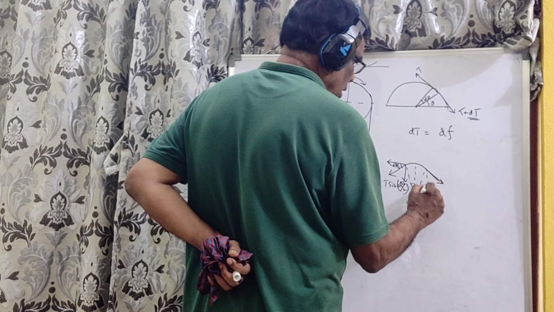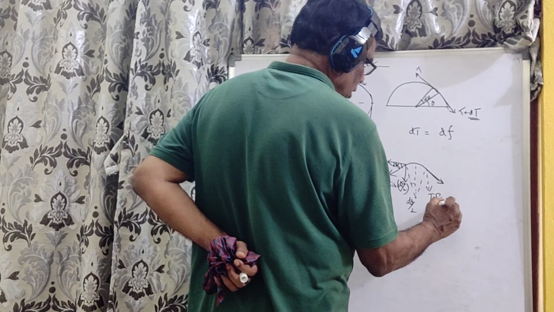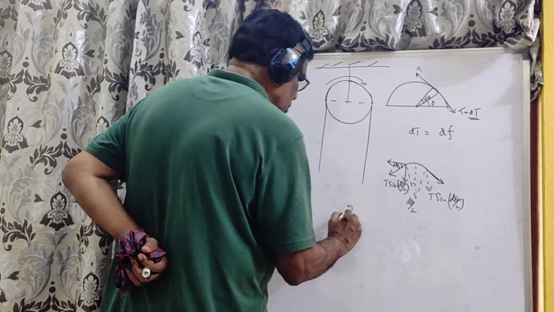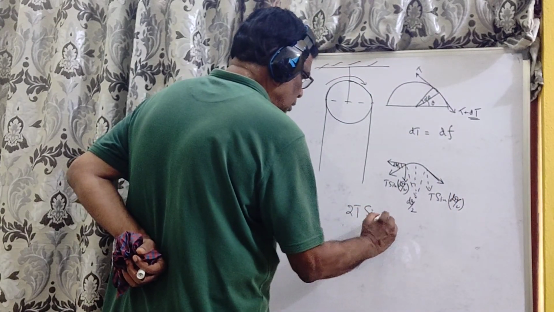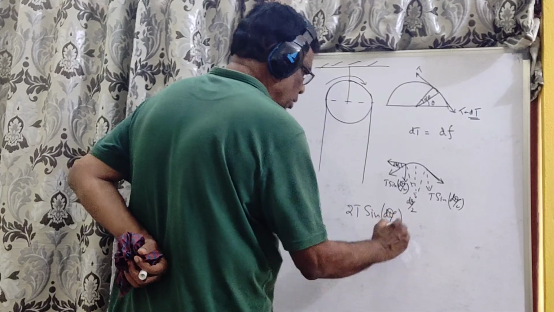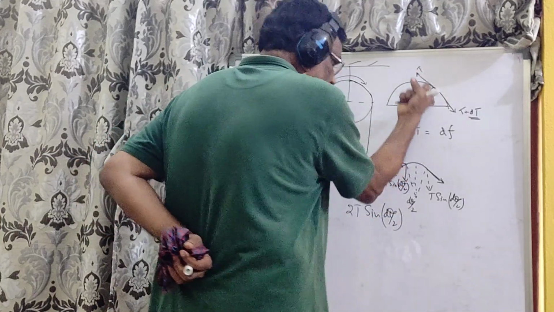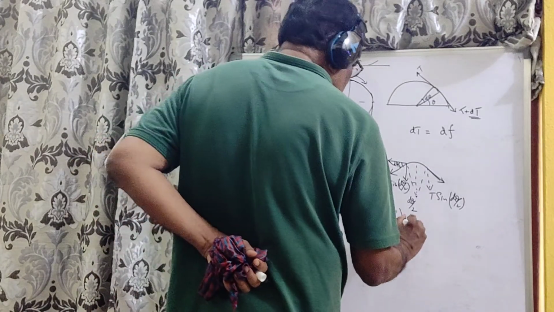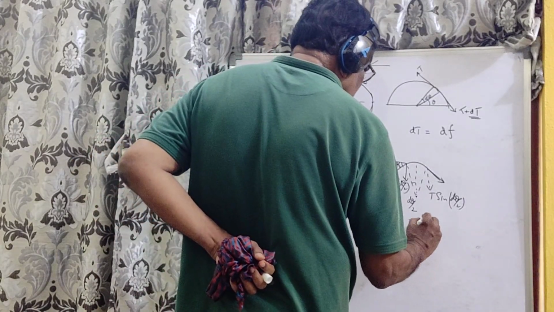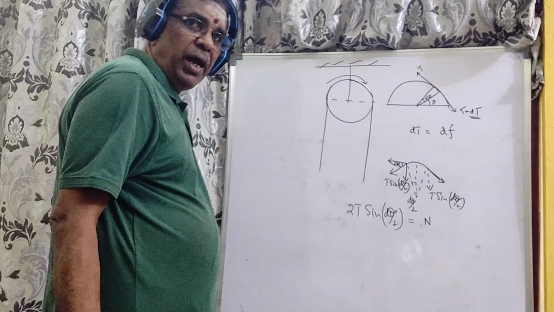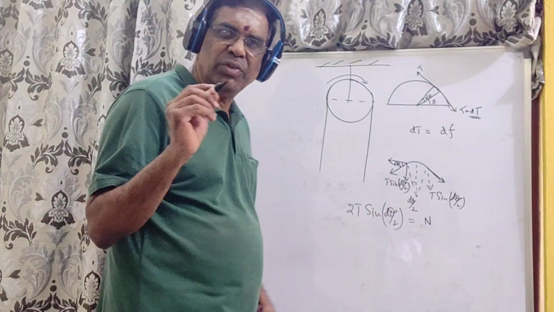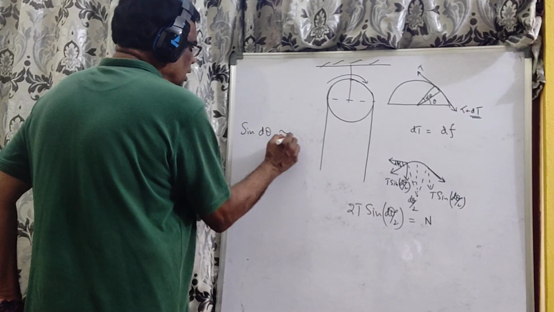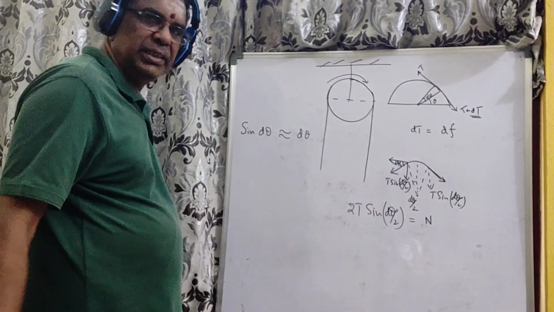And similarly here also, T sin d theta by 2. What is the total force? 2T sin d theta by 2 is with which it is pressing this. Okay? So that is your normal force. And when you take d theta to be very small, you can take sin d theta nearly equal to d theta.